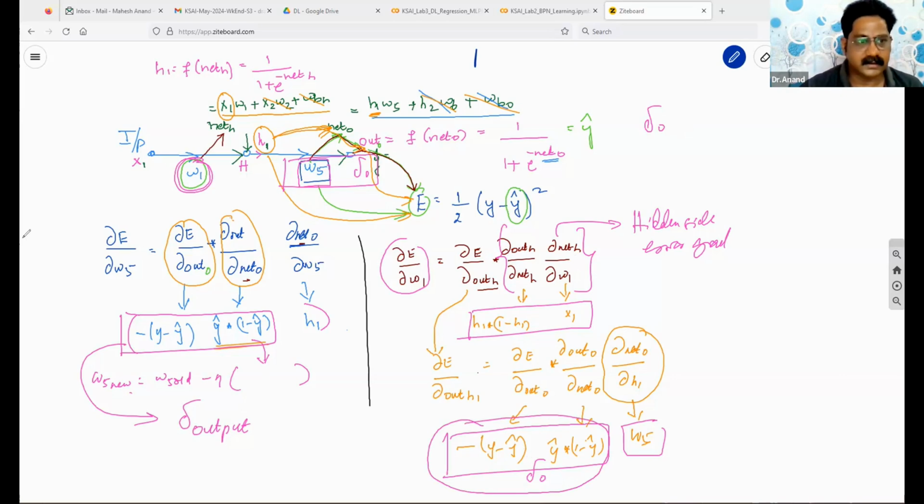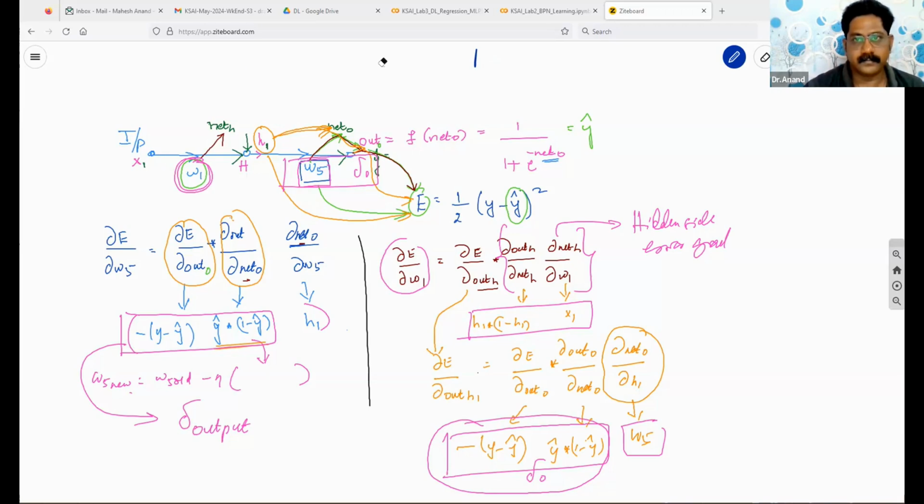Okay, let me write it in a different place. Let me erase this. So this is the final notation.